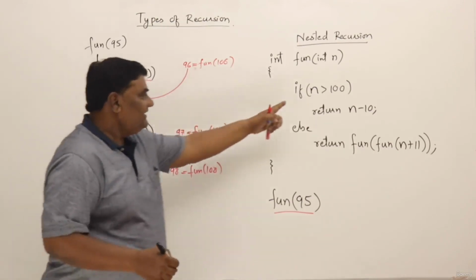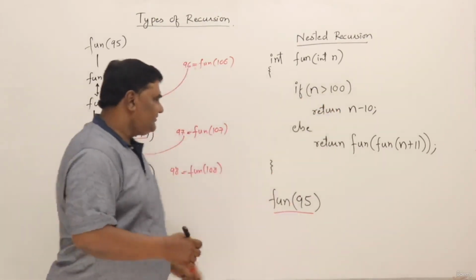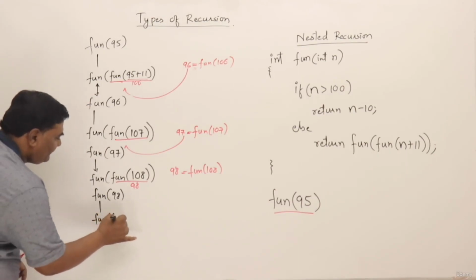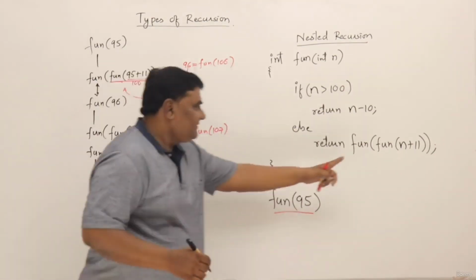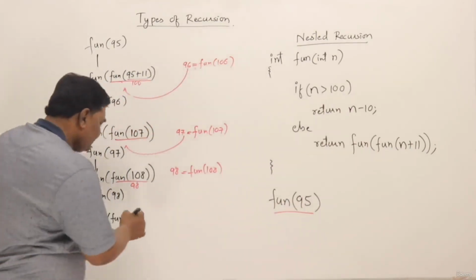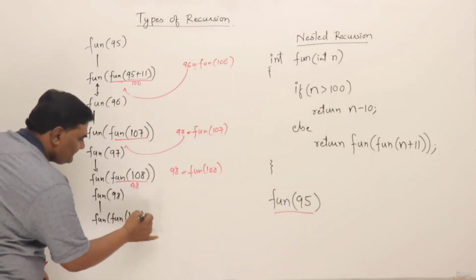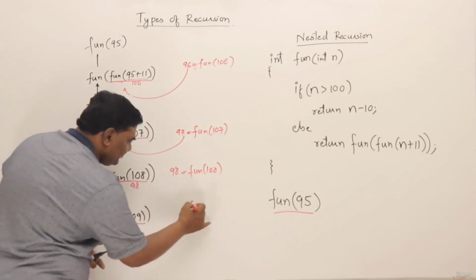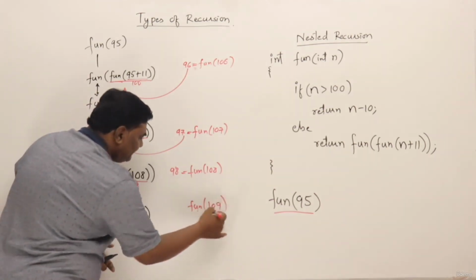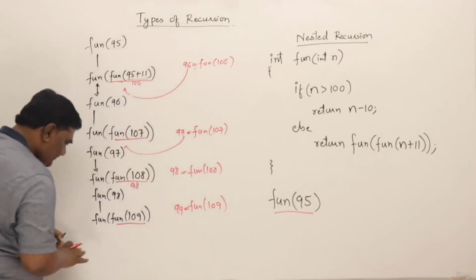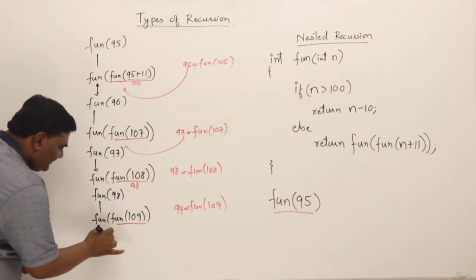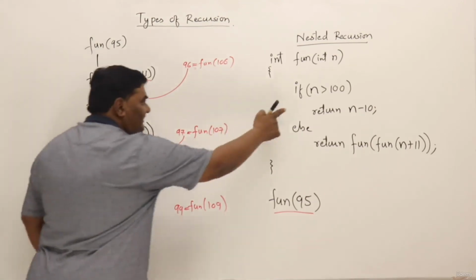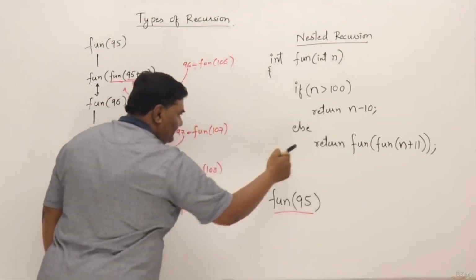Now fun of 98. 98 is not greater than 100, so it enters into the else part. Then it becomes fun of 98 plus 11, so this becomes 109. And fun of 109 becomes 99. So this is fun of 99. Fun of 99 is not greater than 100, so it will go into the else part.